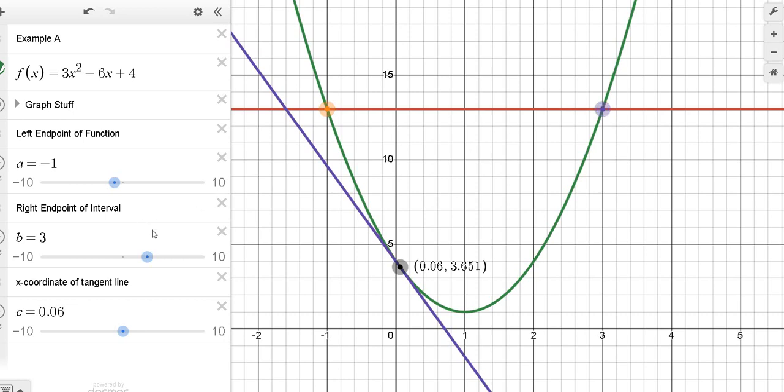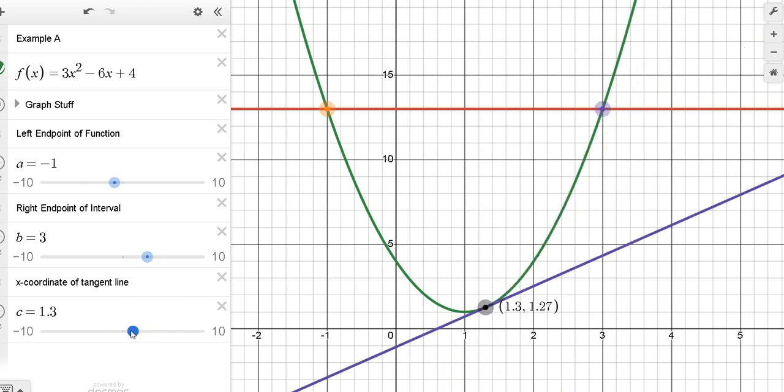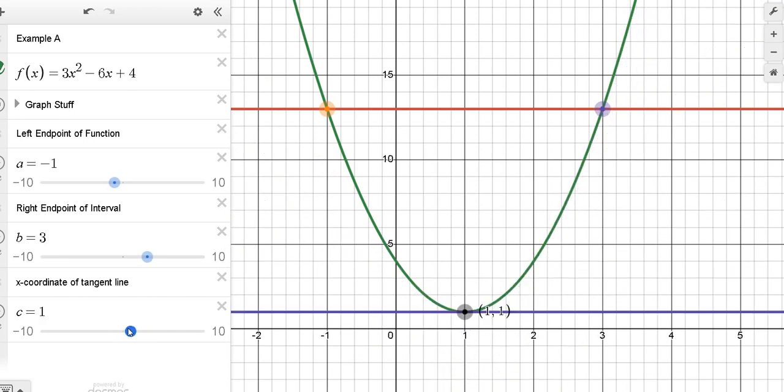Now the parabola here is nice and smooth, continuous and differentiable everywhere, so we got that satisfied. And what Rolle's theorem guarantees us is that there's some point in between where the slope of the tangent line is 0. So right down here, that's where the tangent line is 0.